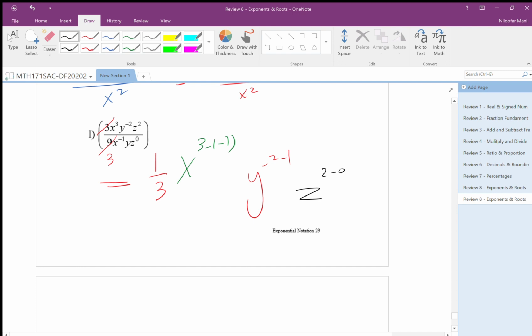Okay, so I don't need z power 0, it is 1, which is 1 over 3 x power 4 z power 2 over y power 3, right?